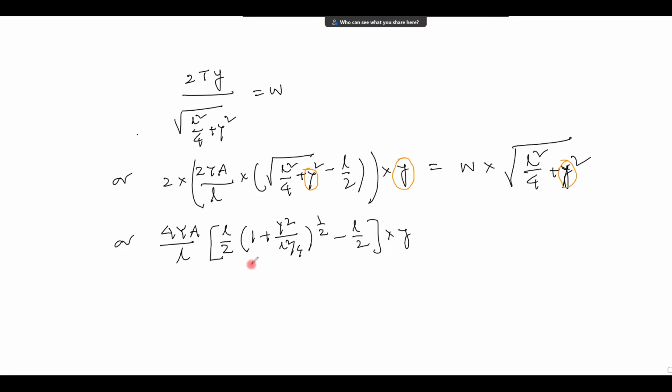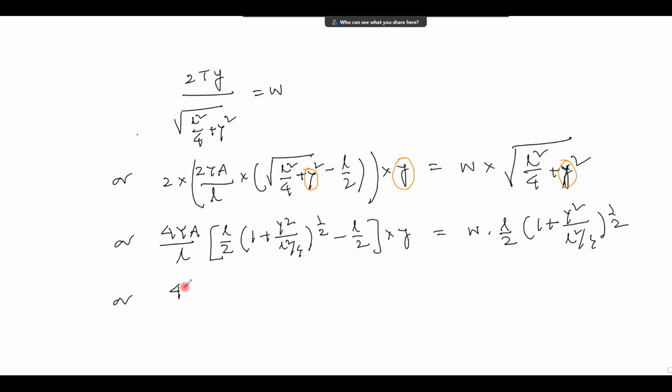Now the purpose of doing this type of calculation is we'll apply binomial approximation. And then on this side also we'll follow the same approach. I'll take out L by 2 and then I will have 1 plus y square by L square by 4, whole to the power half.